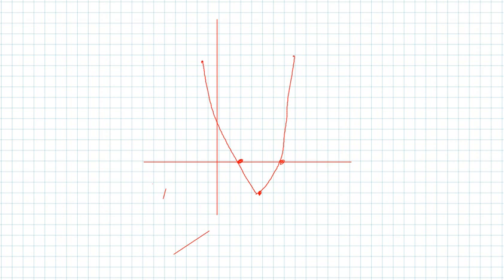All right. So a quadratic function has symmetry. Now it doesn't look like it here because I can't draw, but technically there is a line of symmetry, and it will be right in the middle.